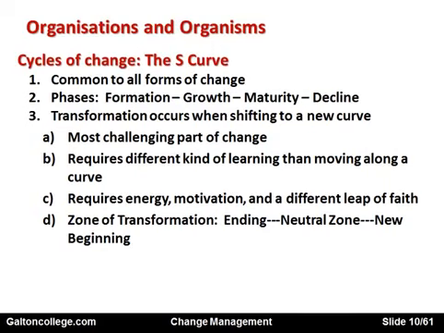So at the end, there's a nothing, there's an emptiness. And then a new beginning, because the new product will come into existence. So this transformation is going on all the time. Companies are updating their product lines all the time to try and keep contemporary, to try and meet customer requirements.